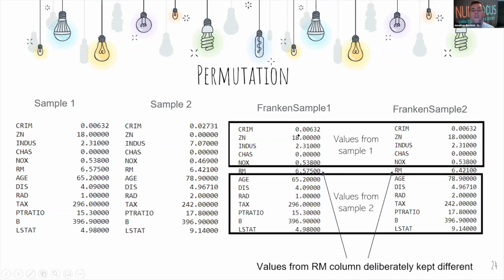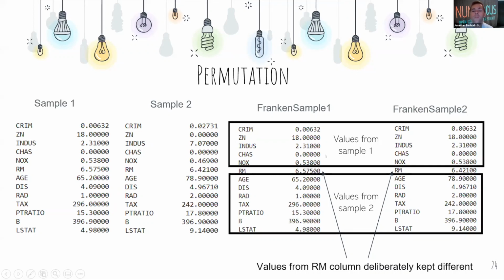If we look at this right over here, the bottom 5 values are all drawn from sample 1. The rest of the values are drawn from sample 2. So each of these samples is spliced together from the 2 previous ones. But if you're calculating the contribution of the value of room, what you would do here is deliberately, in one sample, use the value of room from sample 1, and in the other sample, use the value from sample 2.